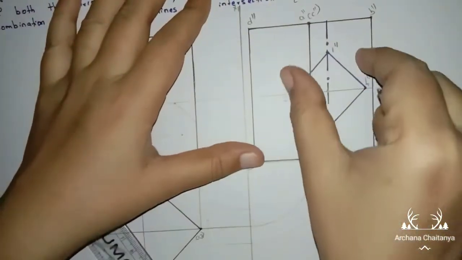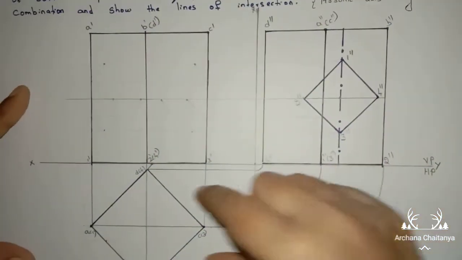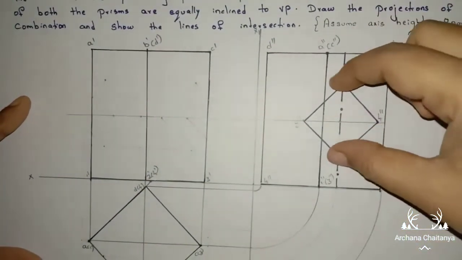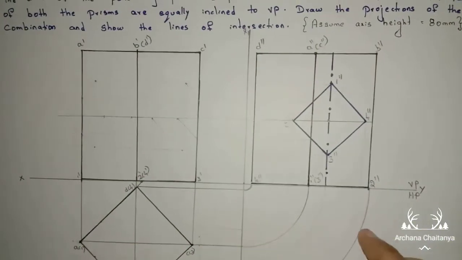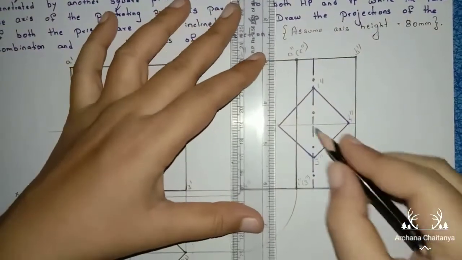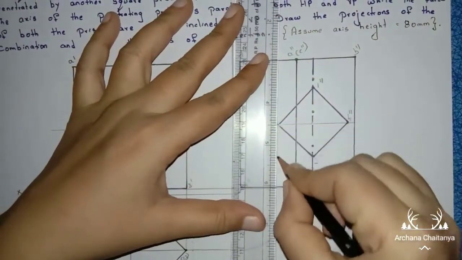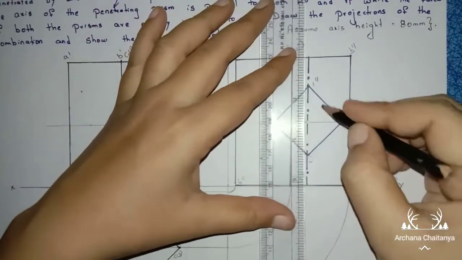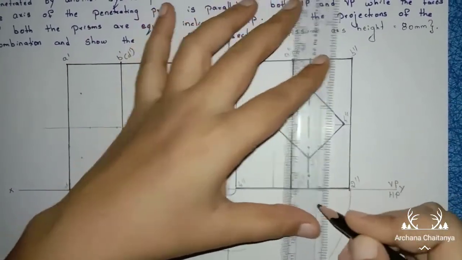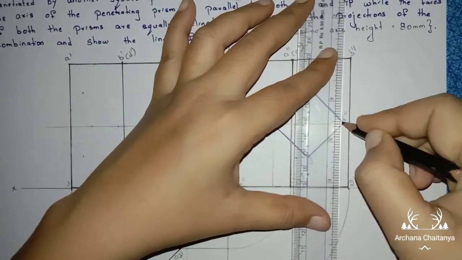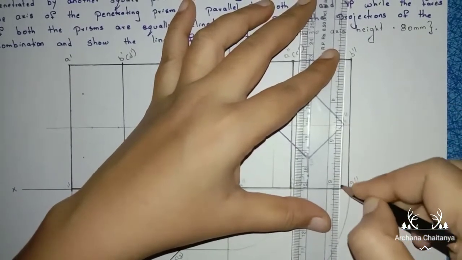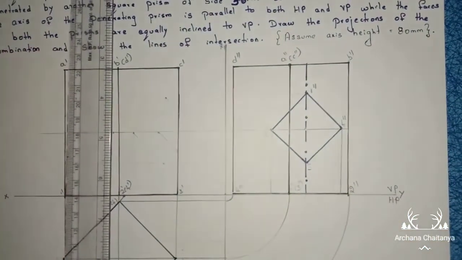Now what we have to do? Through these points we are going to construct the axis height here. So first of all, project the line from 2 double dash till the reference line, from 1 double dash, 3 double dash, anyway this is the axis line. Again from 4 double dash, draw the projectional line.